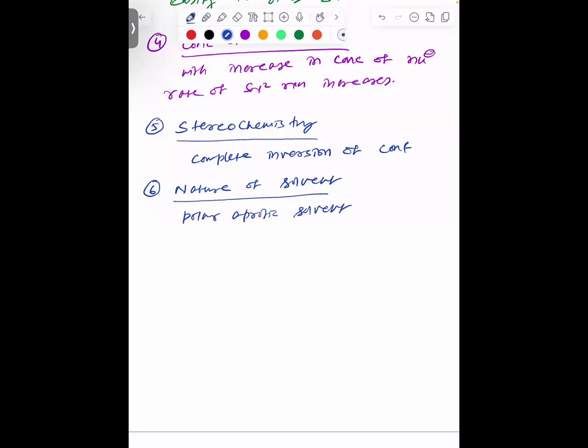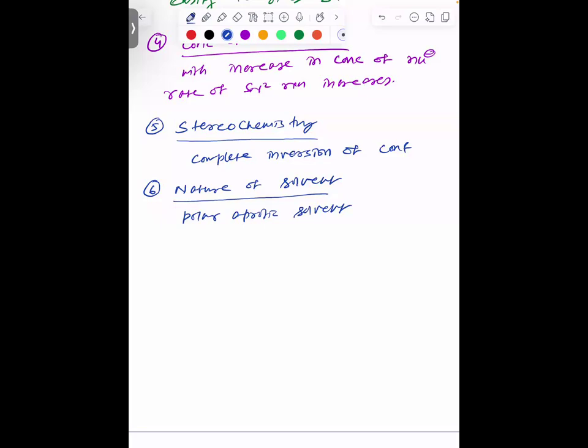Polar aprotic solvent. In the presence of polar aprotic solvent, the leaving group and nucleophile will not be highly solvated. If the nucleophile is highly solvated, its nucleophilicity decreases. So the reaction goes through polar aprotic solvent.